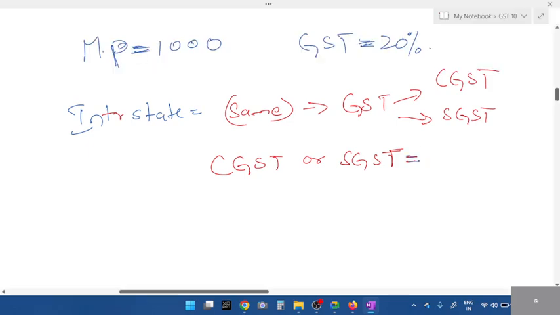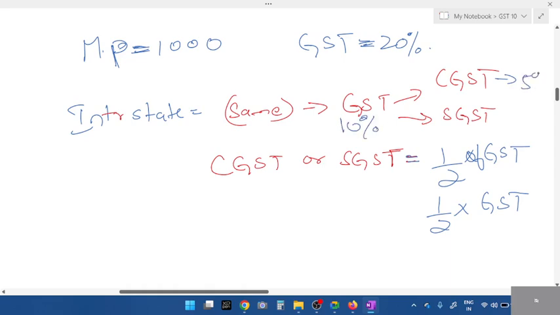If you want, make a note, or you can write it directly. CGST or SGST is equal to half of GST. Half means multiplication. So half into GST value, which basically means they are just 50%. If GST is 10%, half of it is 5% and 5%.